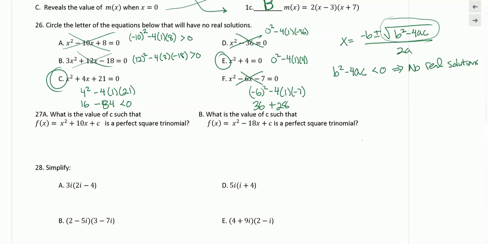27a, what's the value of C such that, so we're asked here to complete the square. Remember, we take half of 10 and square it, which is 5 squared, which is 25.